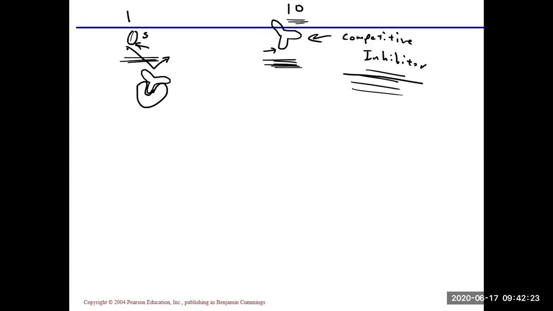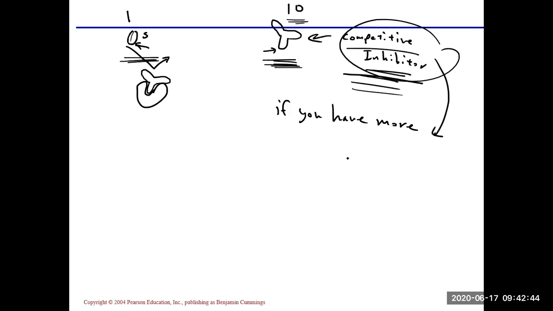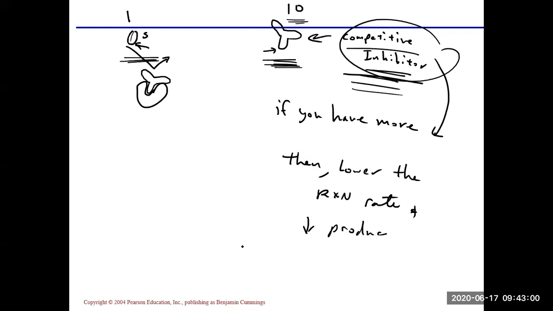However, the more substrate and the more enzyme concentration you have, the more product you will get. So the more competitive inhibitor you have, the lower the reaction rate and the lower the product.